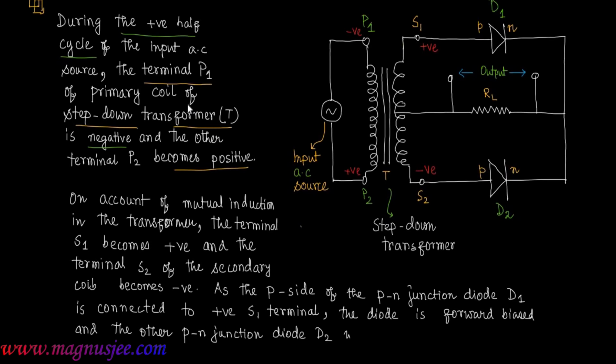D2 will be reverse biased, as its P side or P region is connected to the negative terminal. Which terminal? S2.